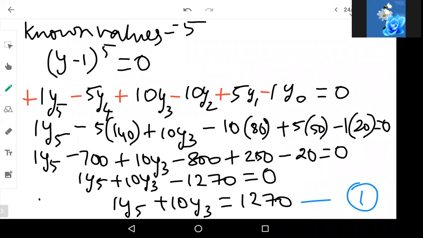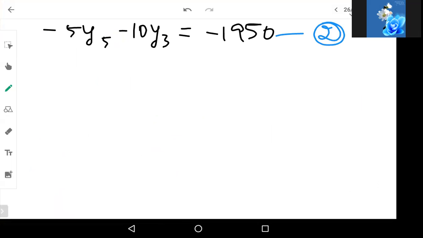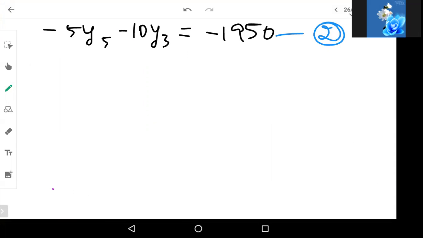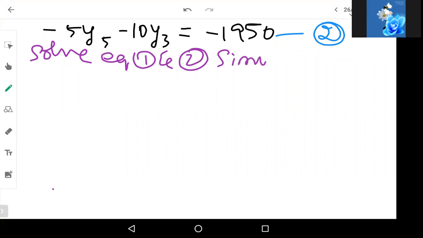So we have equation number 1. We have equation number 2 also. Now all that you have to do is just solve both the equations, that is equation number 1 and equation 2, simultaneously.